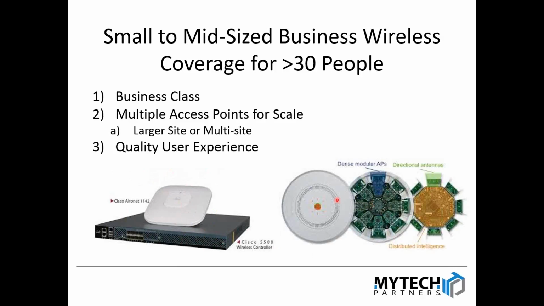Compare that to the image we have over here, which is a Xeris device, which is part of their XR series. Xeris actually places a wireless controller inside of this round housing.